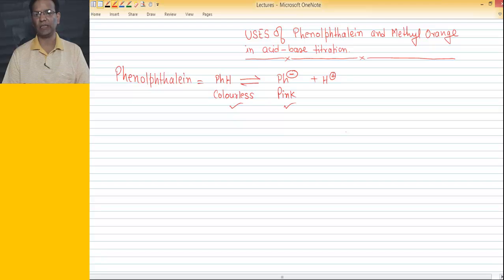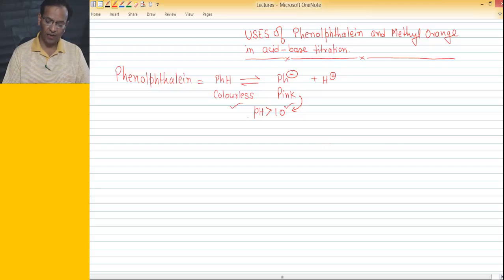At a specific pH, phenolphthalein changes from one form to another form. Approximately at pH 10, this change is observed. That means if pH is greater than 10, the solution is strongly basic, and the solution will have pink color.